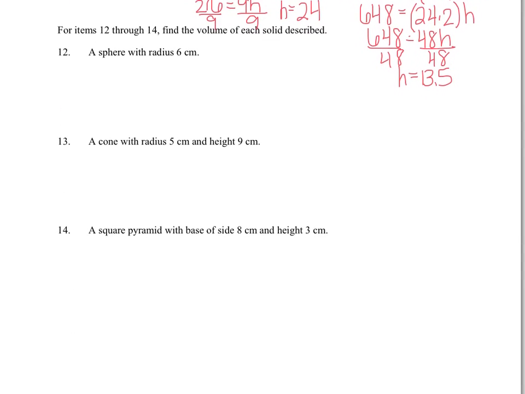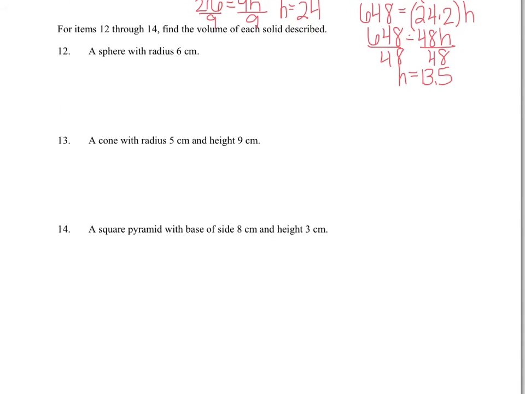For items 12 through 14, we're going to find the volume of each solid described. So for question 12, we've got a sphere with radius of 6 centimeters. So my volume of a sphere is 4/3 pi r cubed. So we're going to have 4/3 pi times 6 centimeters cubed.